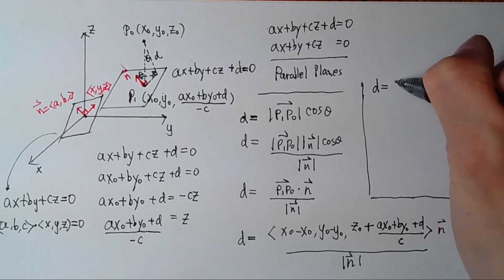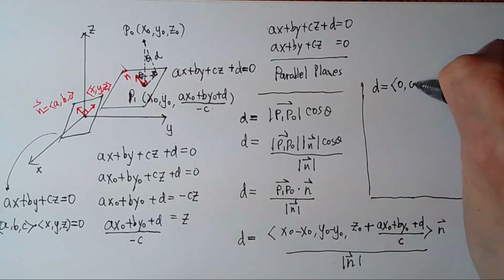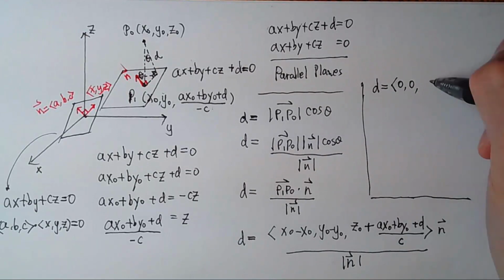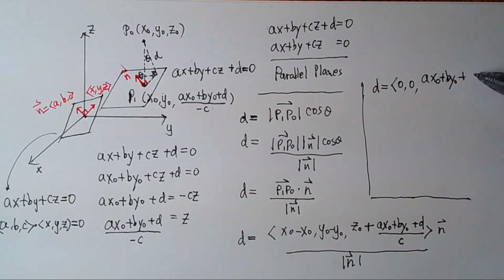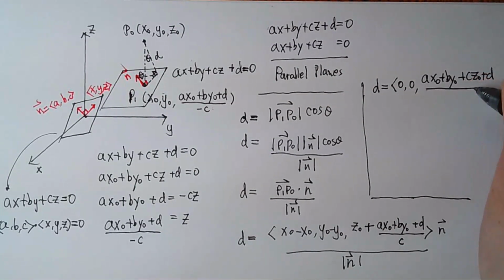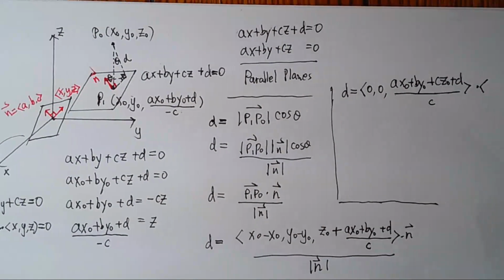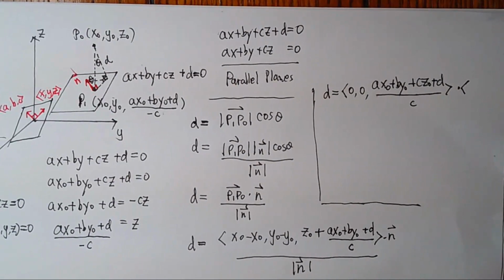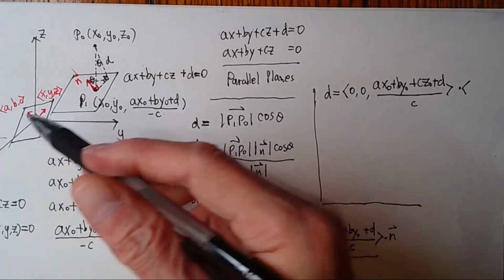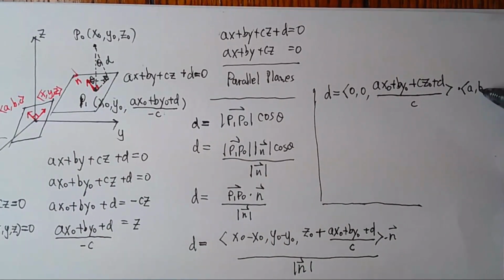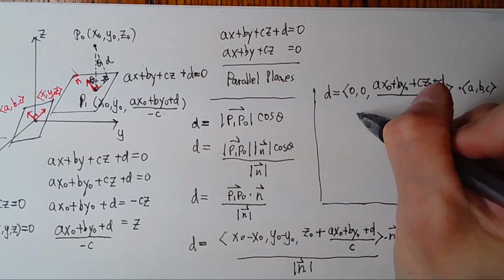D equals 0, 0, and simplify this. We have a times x sub 0 plus b times y sub 0 plus c times z sub 0 plus d, divided by c, times, we're going to dot to the normal vector, which is a, b, c, and divide by the magnitude.